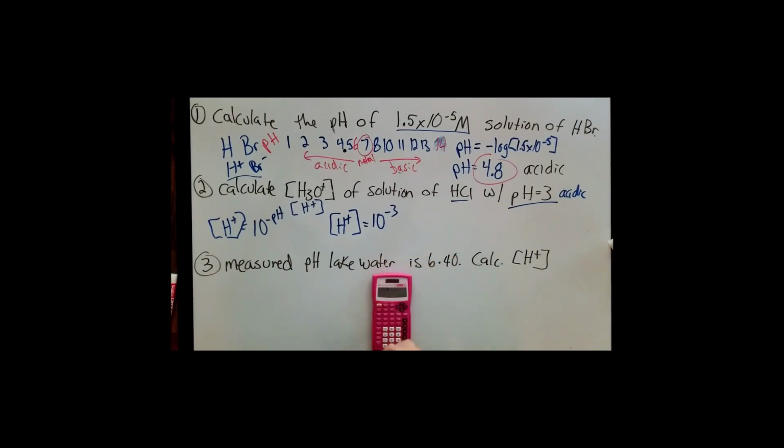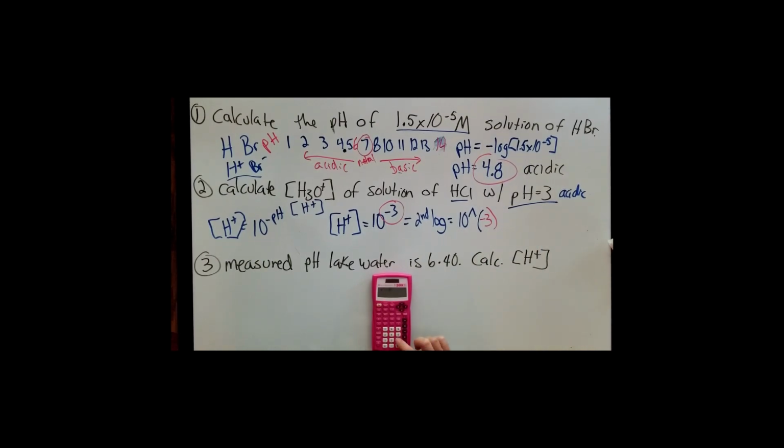It should show on your calculator 10 and then this little to the power of sign. Then it will give you parentheses, and in that parentheses is where you're going to enter this negative 3 that you have here. Don't forget the negative.